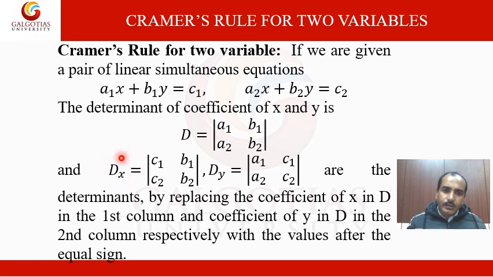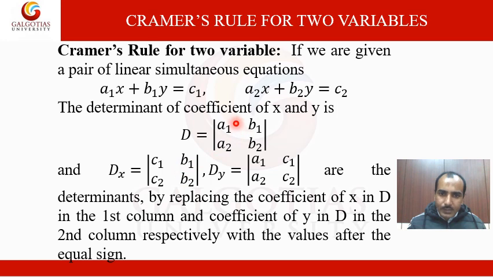The determinant Dx is obtained by replacing the x column, that is a1 a2, by the constant values c1 and c2 written on the right hand side of the given equations. So Dx is equal to the determinant with rows c1 b1 and c2 b2.